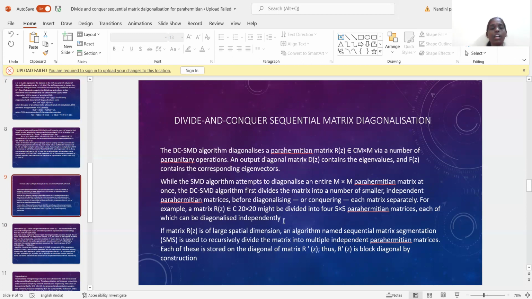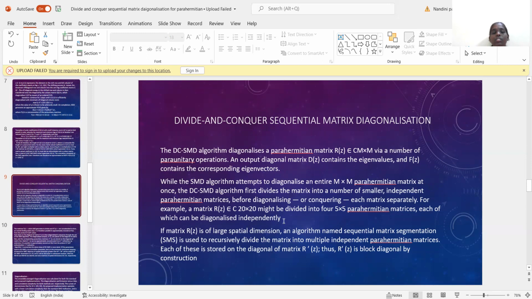If matrix R(z) is of large spatial dimension, an algorithm named sequential matrix segmentation (SMS) is used to recursively divide the matrix into multiple independent para-Hermitian matrices.